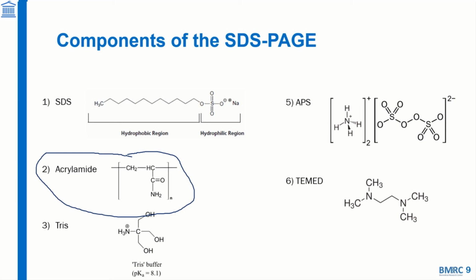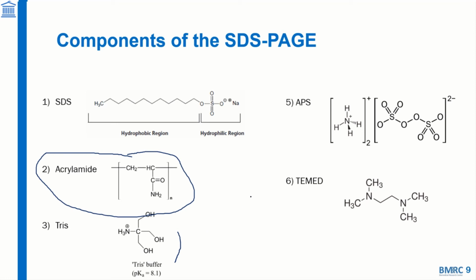Secondly, we need Tris buffer. We need 1.5 molar Tris-HCl, which is at a pH of 8.8, and 1 molar Tris that will be at a pH of 6.8. These are salts that will help electrons to flow.